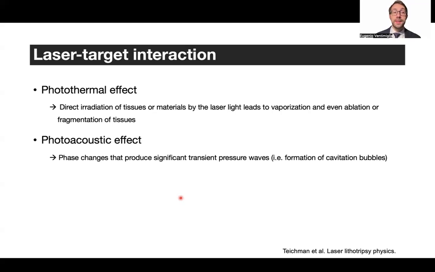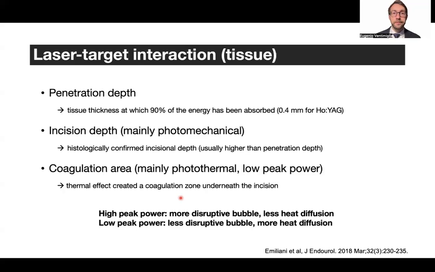The second one is the so-called photoacoustic effect. The bubbles that you've seen before that form at the tip of the laser fiber explode, and the energy formed by the explosion and collapse of the bubble will determine a second effect on the tissue. And we're going to see in a while why this can be important when treating the prostate and during prostate enucleation.